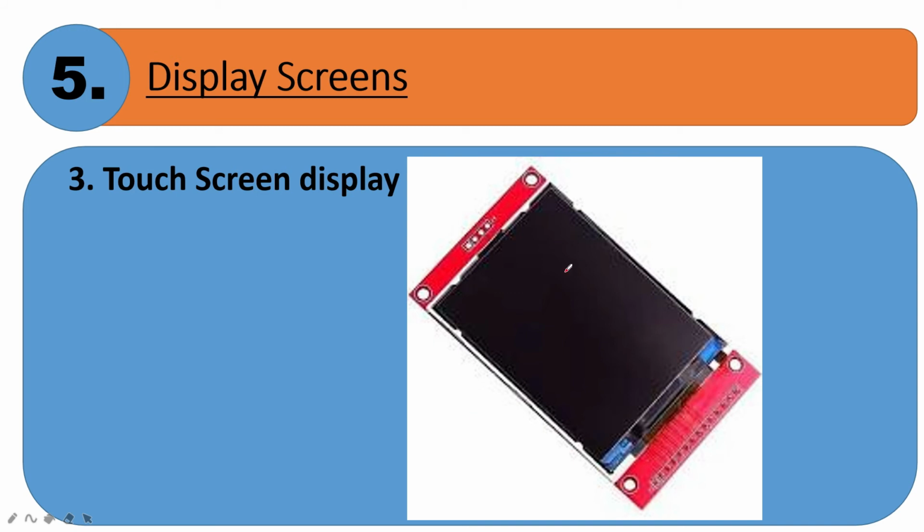This screen is the most complicated one. Here you can make some kind of interface, like you can make 2 buttons and then connect 2 LEDs with Arduino, and then you can control those LEDs with this screen. Like you can make a graphical user interface for your Arduino using this touch screen display.